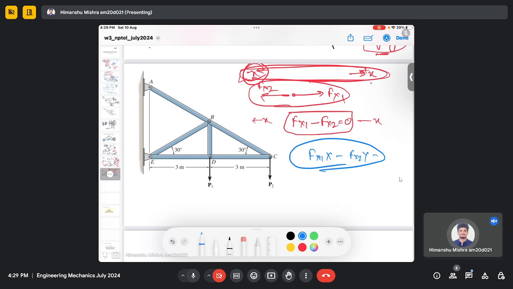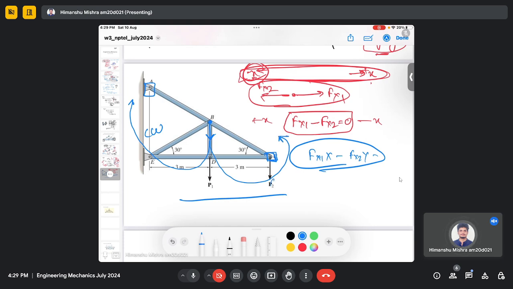So let's say at point B, the direction of force is this, and you want to calculate the moment at A. You can see the direction around this point is clockwise. So you can write down the mathematical equation and you can easily find the moment. But if you take the moment at point C, the direction of moment is in opposite direction.